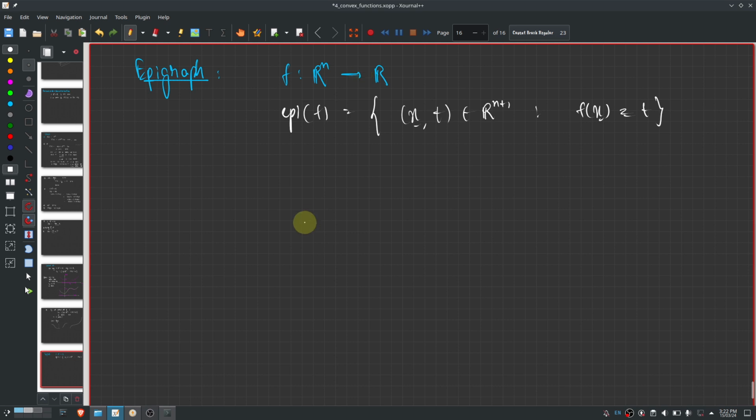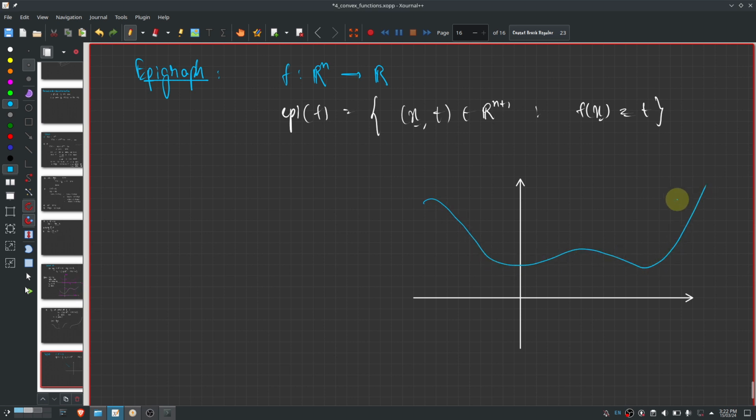Right? So let's just take an example or two function on R. Take any function. What would the epigraph be? Like geometrically, how do you describe the epigraph from this definition?